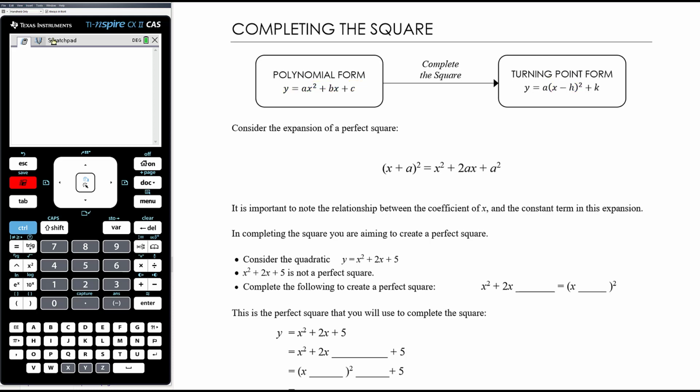The key idea is to understand what happens when we expand out a perfect square, and therefore to be able to recognise the patterns of a perfect square in the expanded form so we can factorise it back to the perfect square. When we expand x plus a all squared, we get x squared plus 2ax plus a squared.